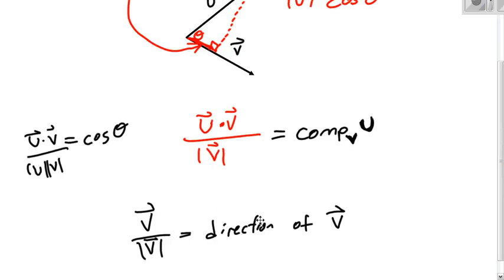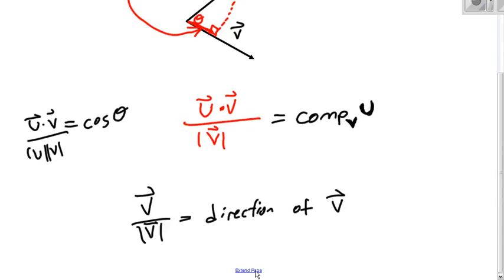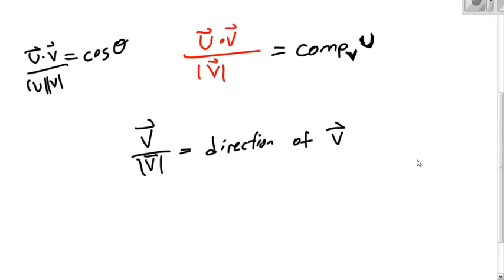So what I mean is that's a vector in the direction of v that has a unit length. It's got a length of 1. So if you take the component of u along v with the direction of v, you put those together, you get the projection of u onto v.